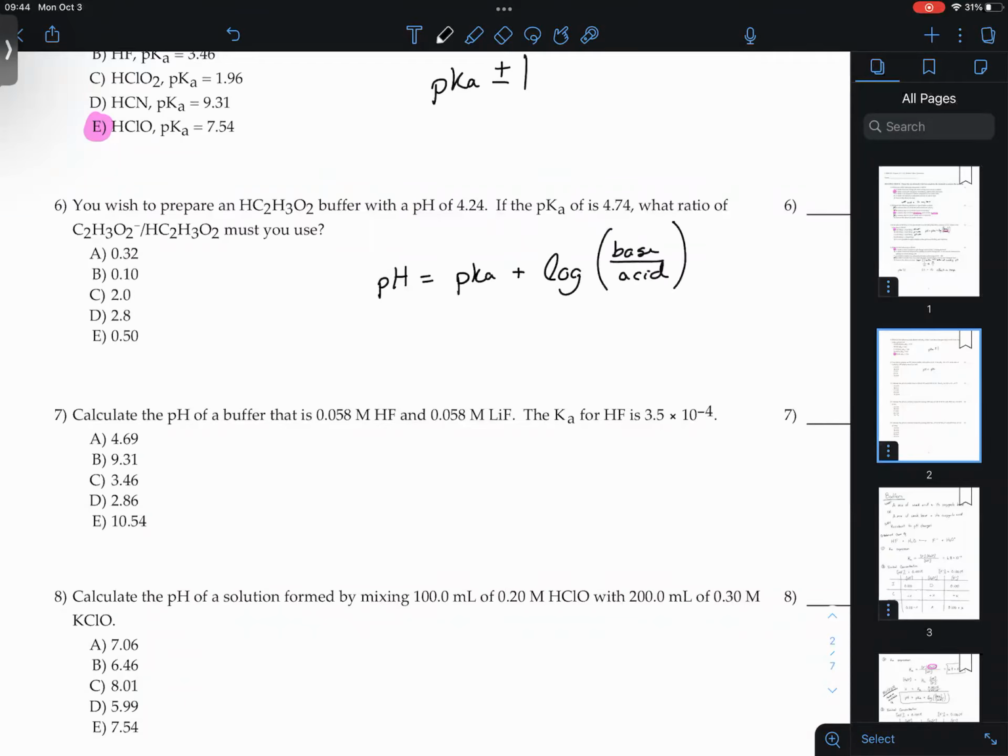Right, and that's what it wants to know, is this value right here. Well, if we just rearrange, we have the pH minus the pKa equals the log of that ratio that we care about, base over acid. And that difference, if I take my pH and I subtract my pKa, would be negative 0.5.